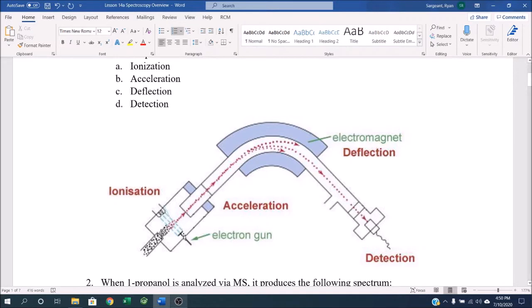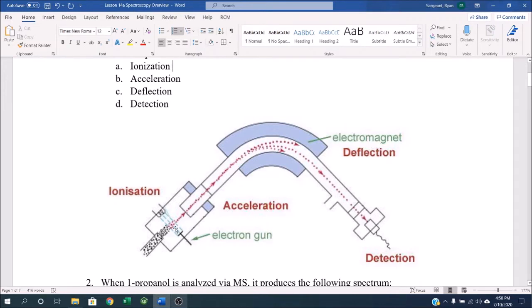So a high energy electron plows into your analyte, and during that collision, that original electron just keeps going right through the molecule. Just imagine it just kind of tearing through the molecule, and in that process, it bumps off an additional electron. This means that the process of ionization involves firing a high energy electron at your substance.